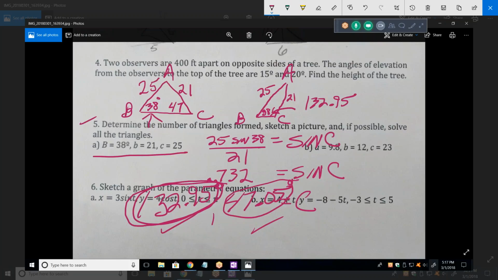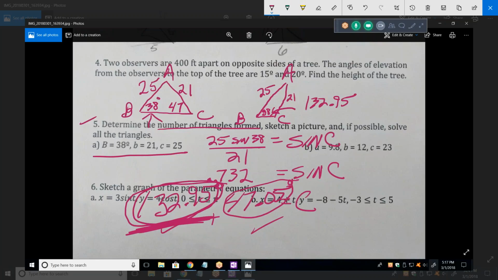So then there's going to be two different triangles. That's why it's called the ambiguous case of the law of sines. Because when we use the law of sines, sometimes we're going to have two triangles available. Sometimes we're only going to get a unique triangle. And it all depends on whether this second angle here can be included in this picture.